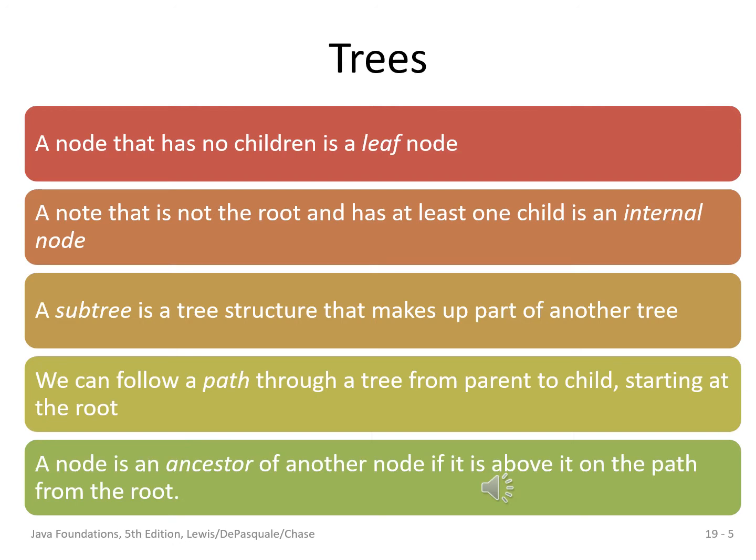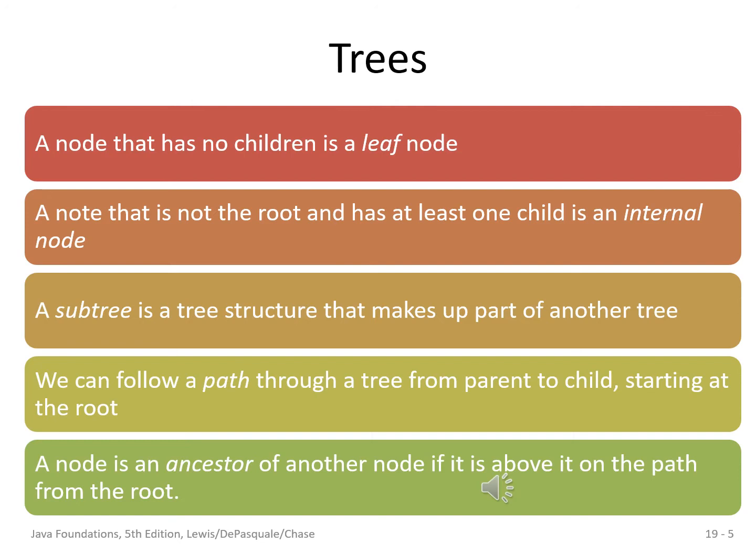There's some more terminology and definitions for you. A node with no children is referred to as a leaf node. And a node that is not the root, but has at least one child, is an internal node, which means it has a parent and a child.